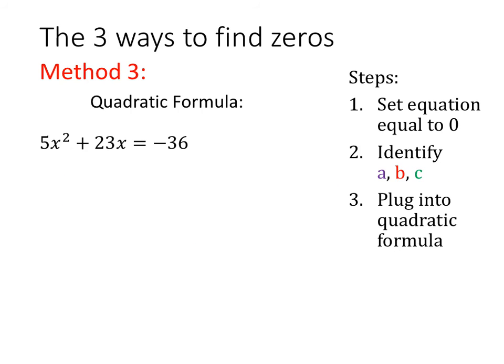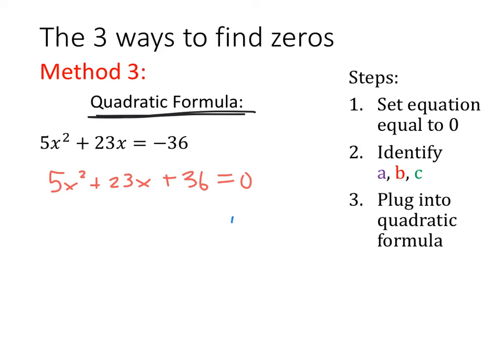So our third way to find zeros is using what we call the quadratic formula. If we look at why we would want to use it, if I set this equal to 0, I have 5x squared plus 23x, and then I would add 36 to both sides. I get 5x squared plus 23x plus 36.